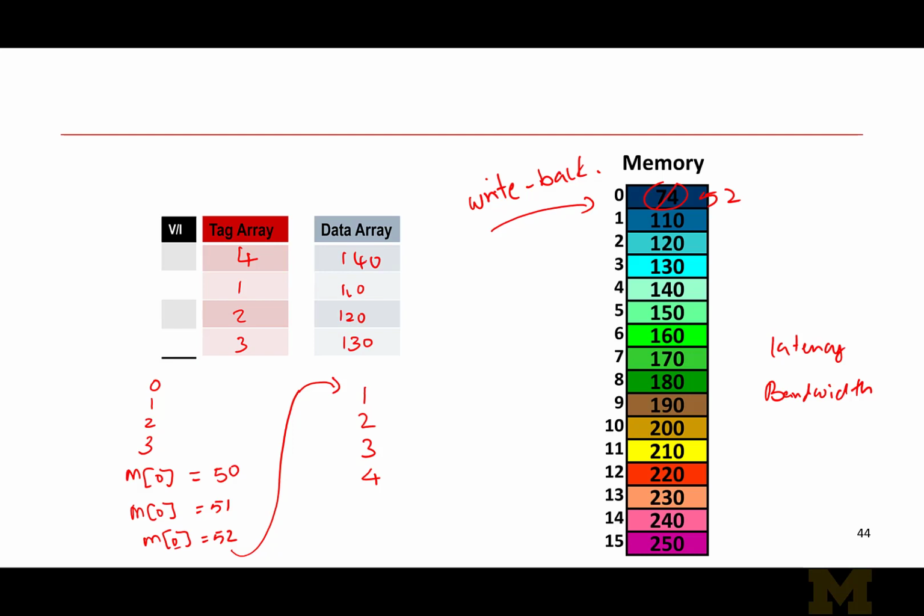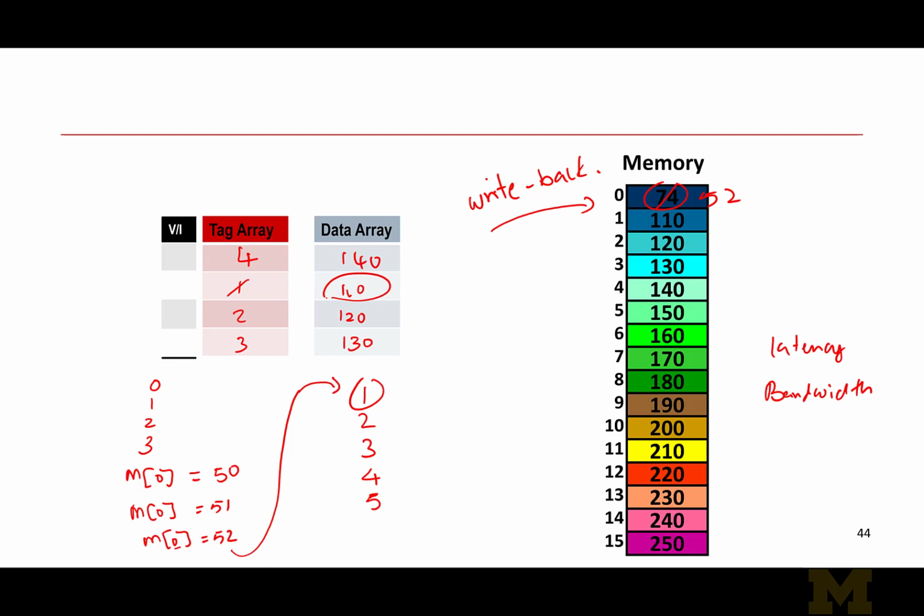Now the question is, let's say I accessed location 5, which is going to evict the least recently used block 1, and now the question is, do I write back the value 110 to the memory? And the answer is no, I don't have to, because I haven't really modified it.